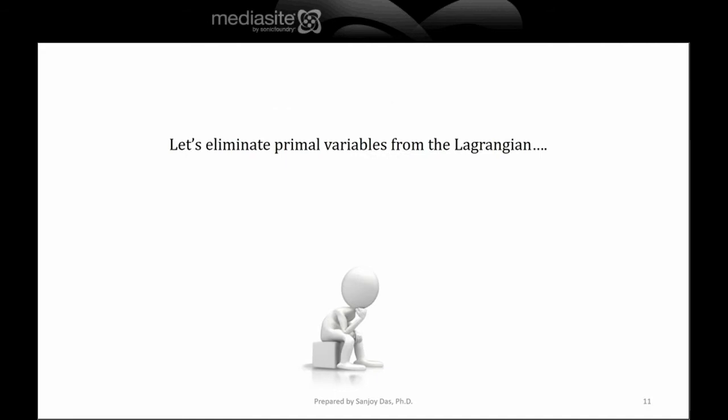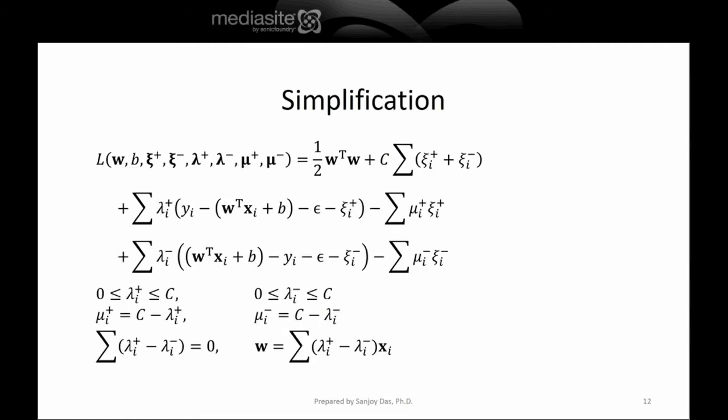Now let's proceed to eliminate the primal variables from the Lagrangian. So I have repeated the Lagrangian here, which I rewrite here, and these are all the expressions that we derived earlier from the stationary conditions.